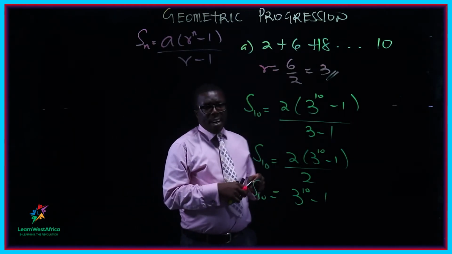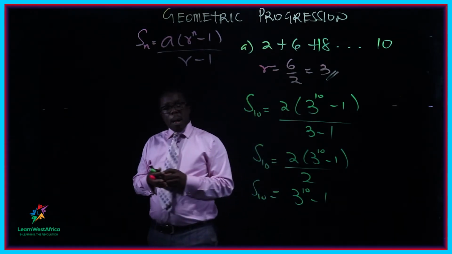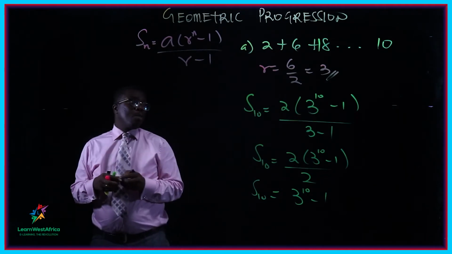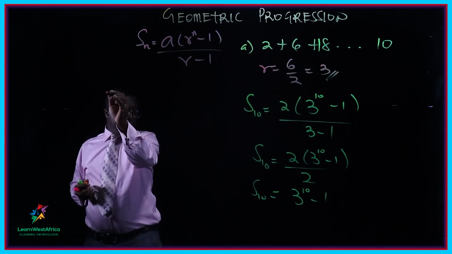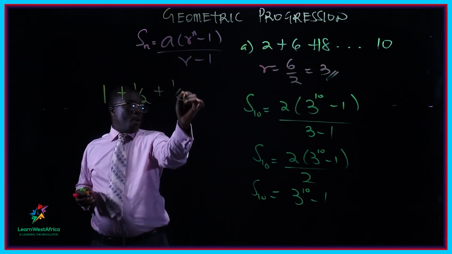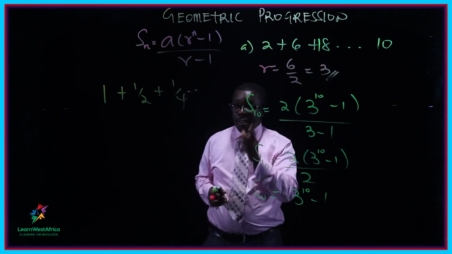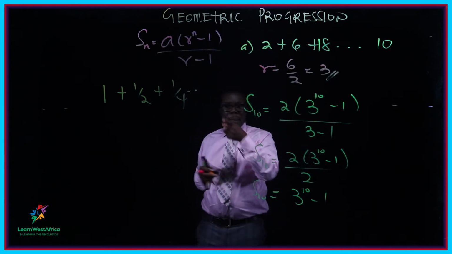All right. Then the B part will also give us a geometric progression of the form 1 plus half plus 1 over 4. And in that case, we wanted to find the sum of the 8 terms. The same principle goes, but let's look at this carefully.